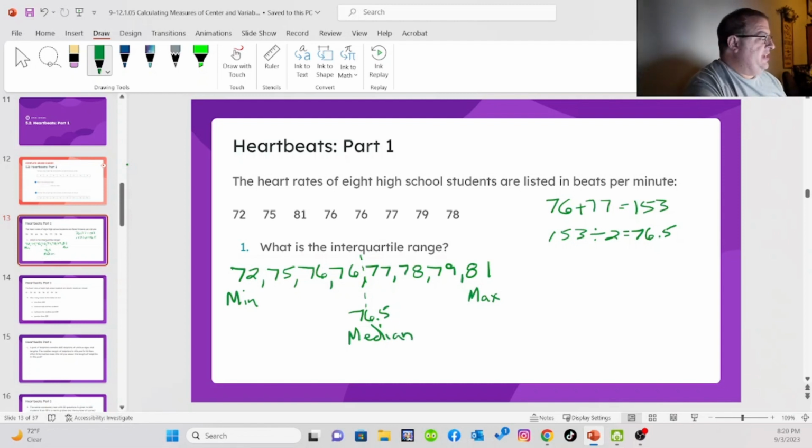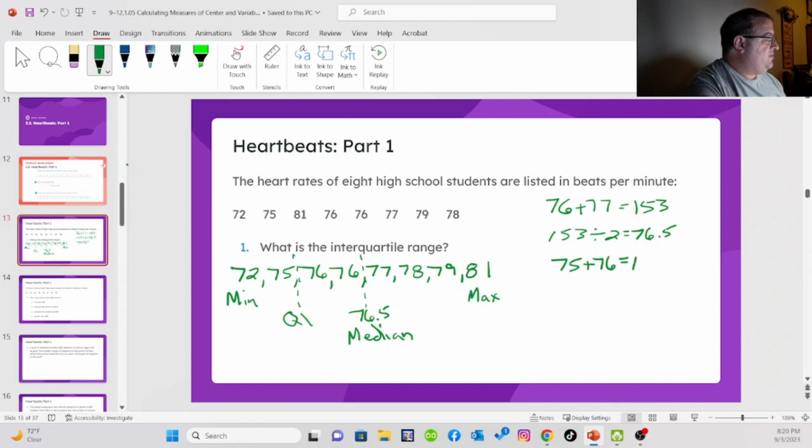Now we need to take the bottom half of the data set and we need to divide that in half. And this is going to be our Q1. We add 75 plus 76.